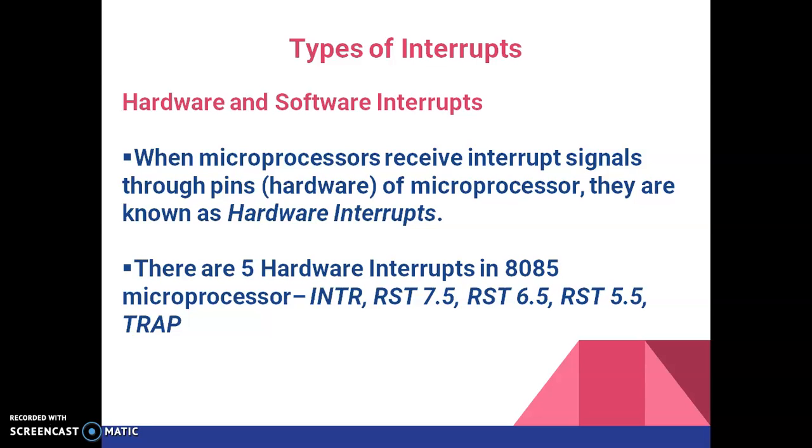Microprocessor 8085 has 5 such hardware inputs which are called INTR, RST 7.5, RST 6.5, RST 5.5 and TRAP. All these interrupts have assigned pins on the microprocessor.